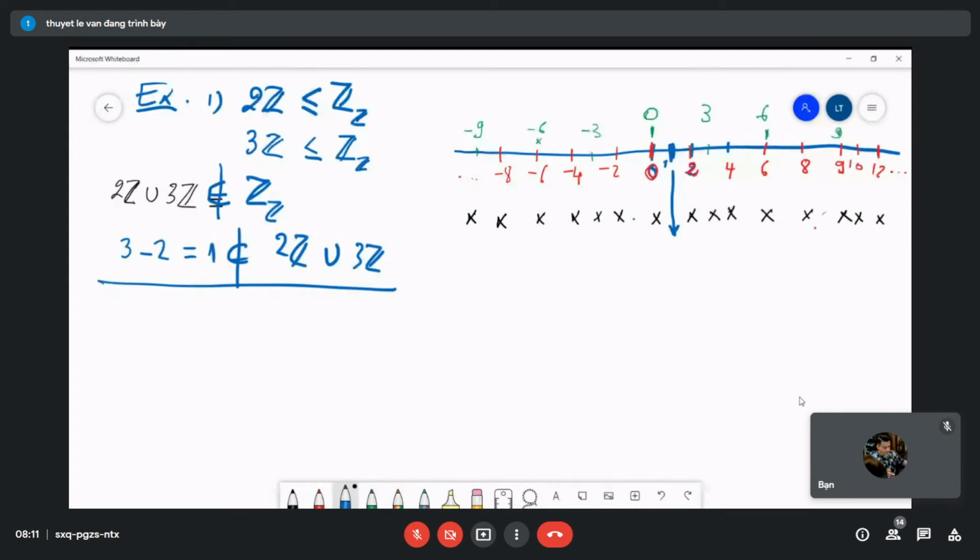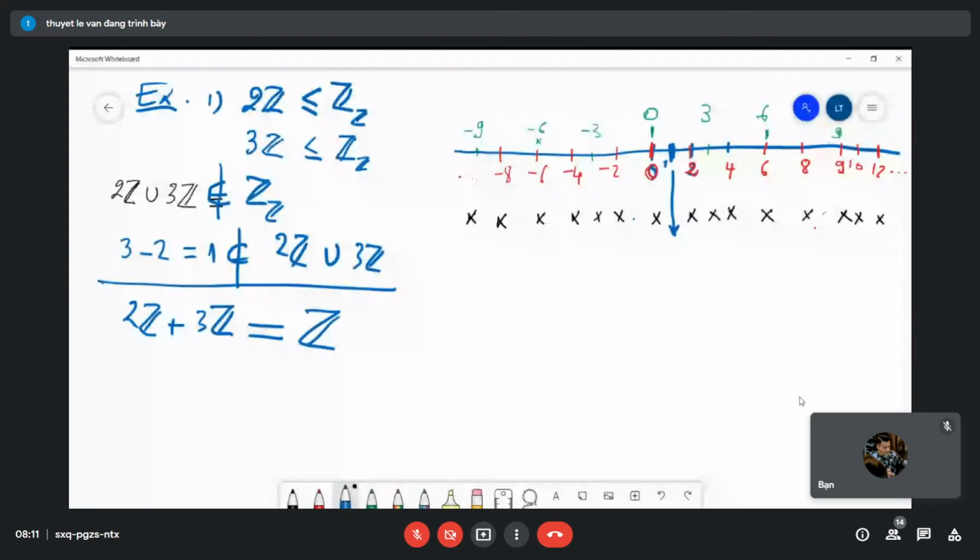But now you take 2Z plus 3Z. What is this? The conclusion is Z. Why?